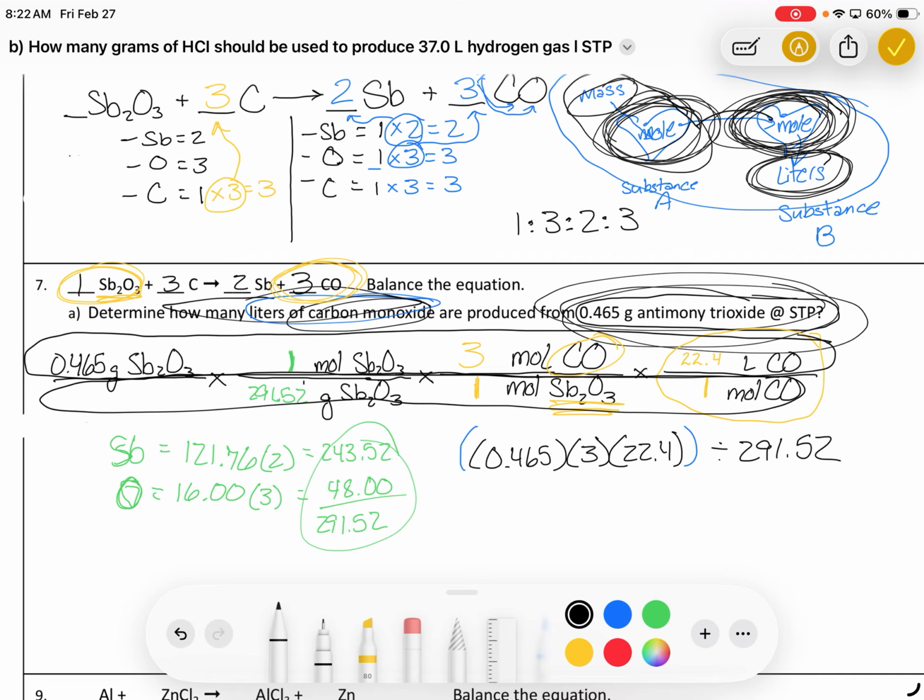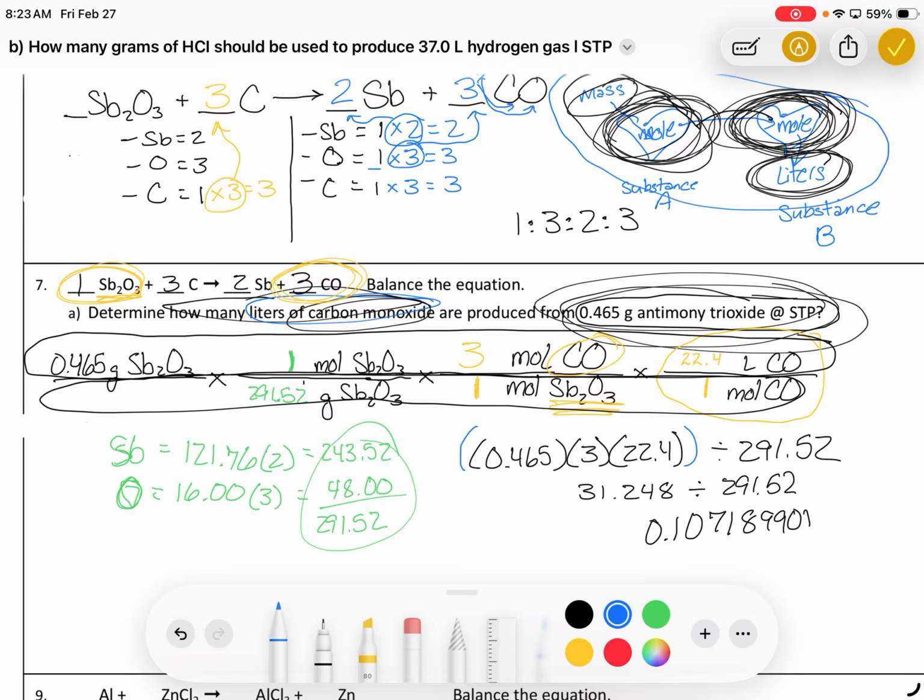So let's go ahead and put that in our calculator. 0.465 times 3 times 22.4. That should have given you 31.248 divided by 291.52. That should give you 0.107189901 and so forth, right?